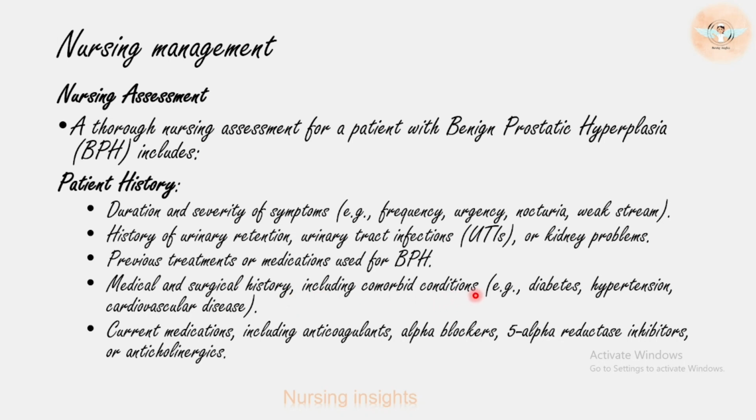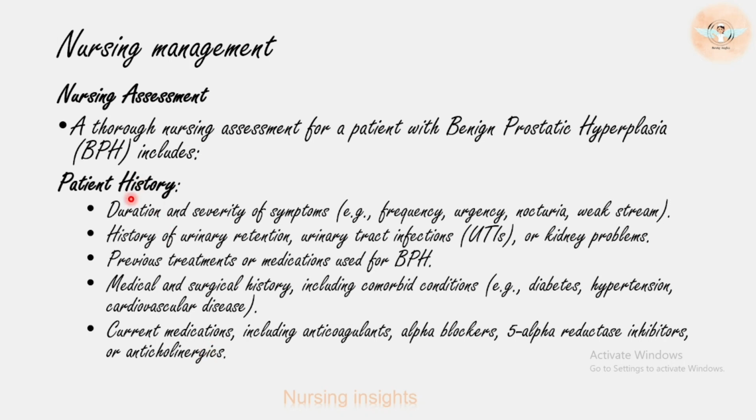When we discuss the risk factors, we know diabetes, hypertension, cardiovascular diseases, all chronic conditions, can lead to hormone imbalance and thereby we get BPH. So during the history collection, we have to ask the patient about any family history of comorbid conditions, and inquire about current medication including anticoagulants, because if surgery is planned we have to stop the use of anticoagulants, and also alpha blockers and 5-alpha reductase inhibitors, which are used for pharmacologically managing BPH.